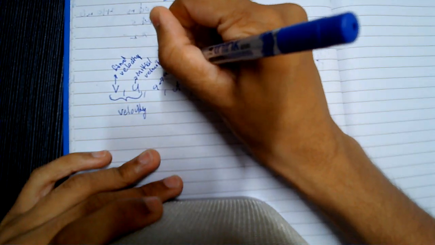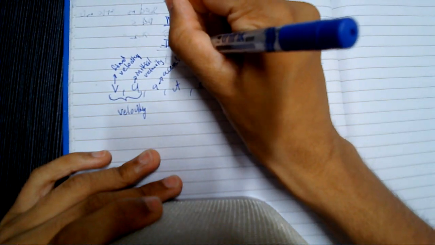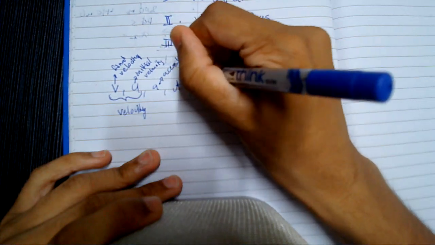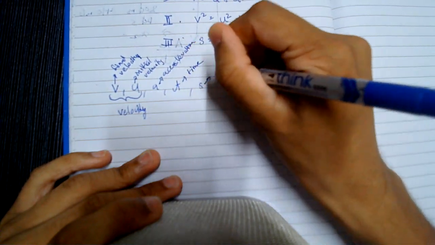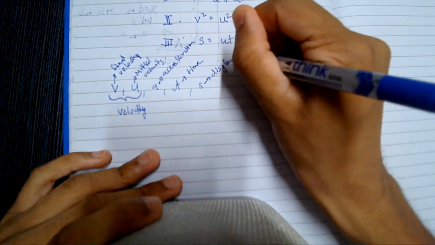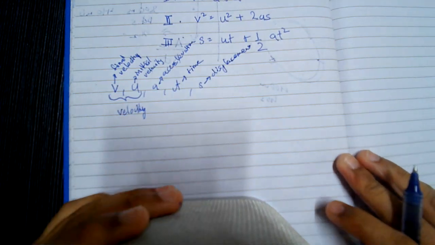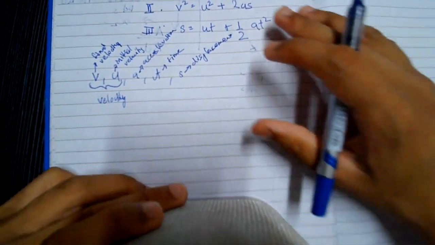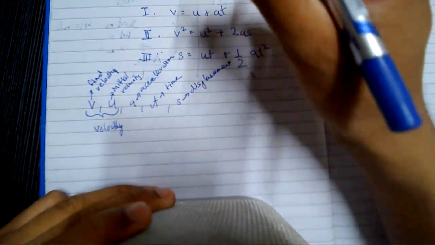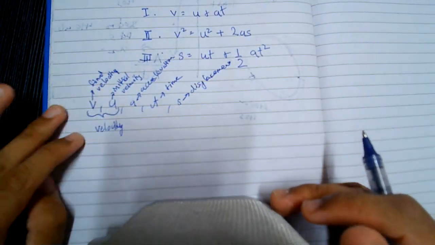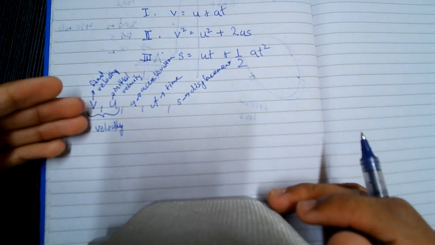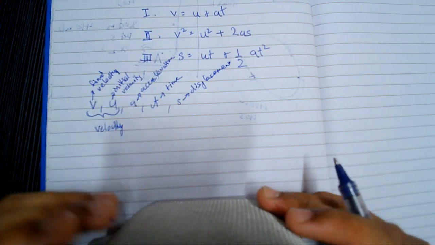This is acceleration. This is time. And this is displacement. All right? Okay, just remember that. So first, what I did was I took all the variables from these equations, wrote them down, and I just looked at what each of them were.